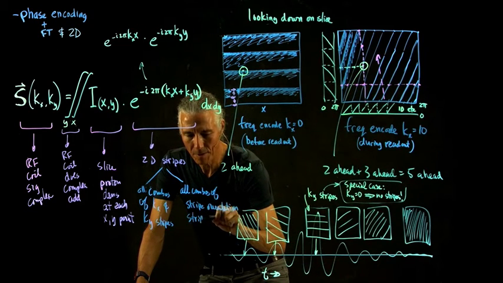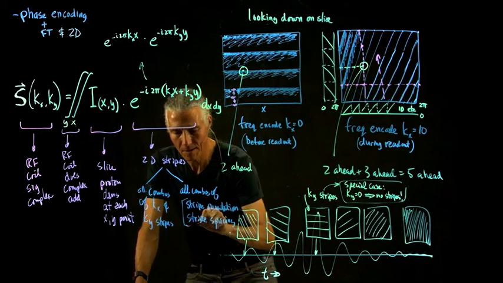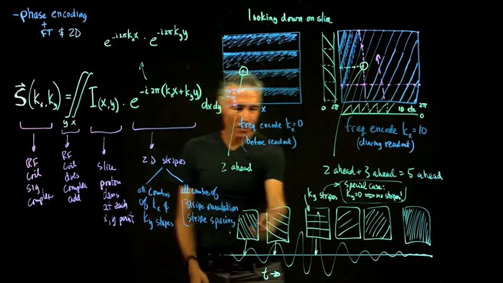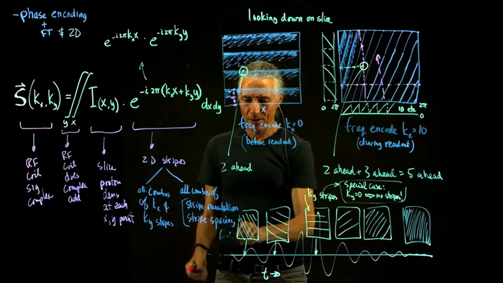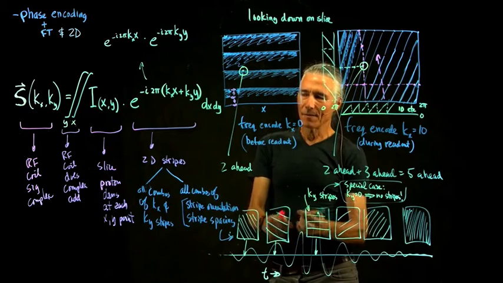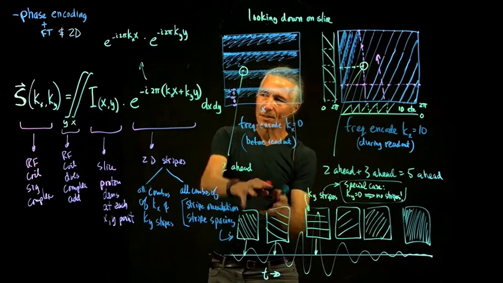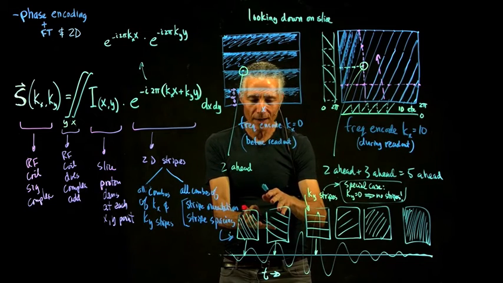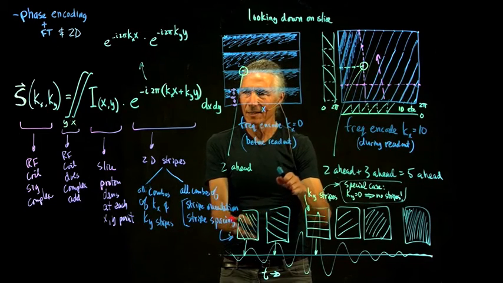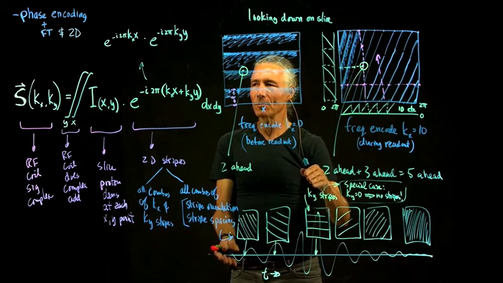You can see that down here. So basically what you need to do is collect data for every possible combination of orientation of the stripes, but then at each orientation you've got to collect all the different possible spacings of the stripes, from zero stripes up to 128 stripes.